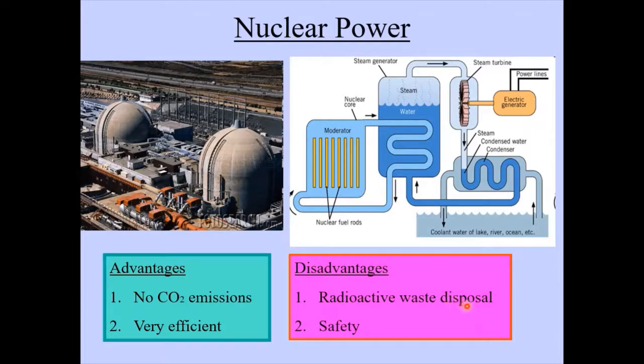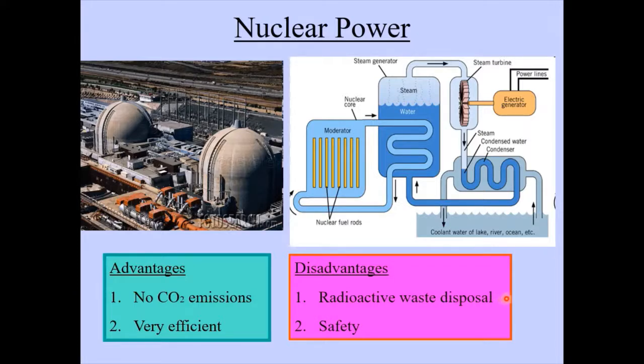One of the reasons that's a problem is because the half-lives of these spent nuclear fuel rods can be thousands of years. So remember what the half-life means, right? In 1,000 or 5,000 years from now, these spent fuel rods are still radioactive and very dangerous.